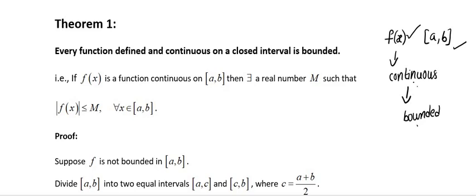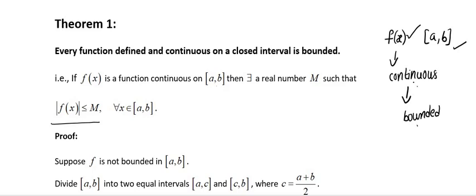So, the statement in symbolic way: if f of x is a function which is continuous on closed interval a comma b, then there exists a real number capital M such that modulus of f of x is less than or equal to M for all x belongs to closed interval a comma b. This condition is same as the bounded condition only.